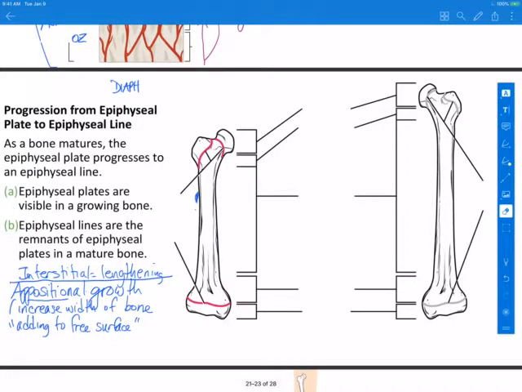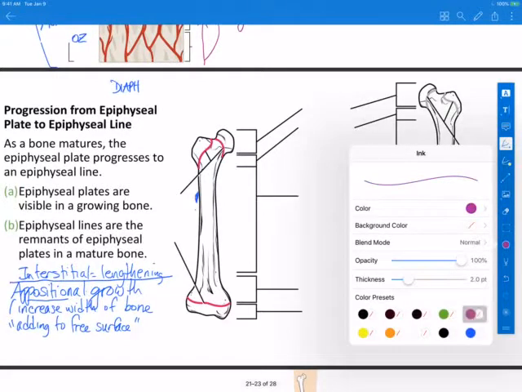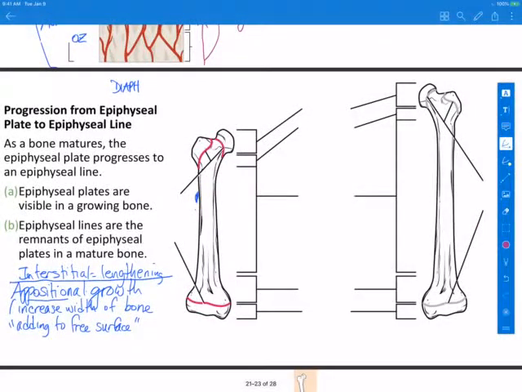Now, keep in mind that we have endosteum here, and we have periosteum where that blue mark is. And so we can add bone in the endosteum and the periosteum, and it's still called appositional growth. They're both free surfaces.